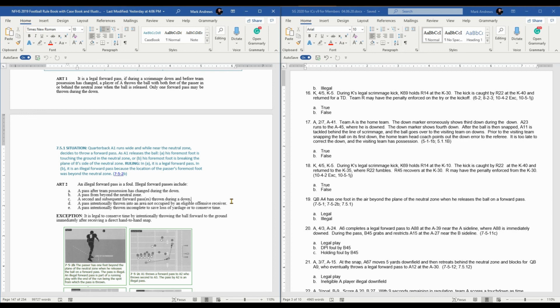So what I'm saying to you guys is don't be too fine. Be absolutely sure that part of the quarterback's body is beyond the neutral zone and the ball has not been released before you rule illegal forward pass. Okay, but for the purposes of the test, the answer is B, illegal.